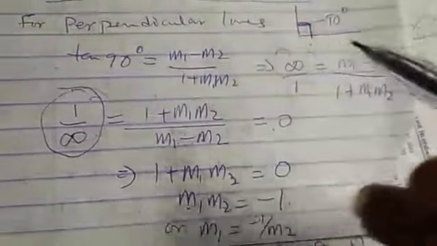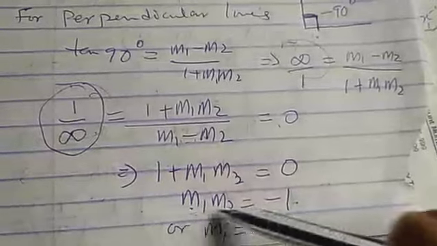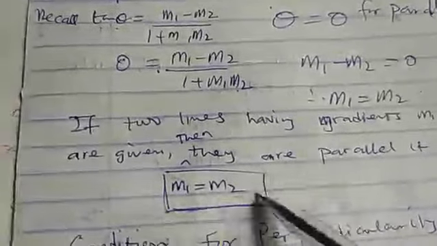What we are saying in essence is that if two lines are perpendicular, the product of their gradients is equal to minus 1, or the gradient of one will be equal to the negative reciprocal of the second one. So that is what they are trying to say. Anytime we mention perpendicular lines, we mean the two gradients multiplying together will give minus 1. Anytime we mention parallel, we mean that their gradients are equal.